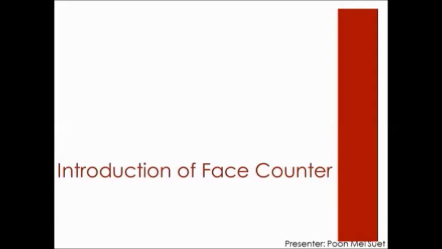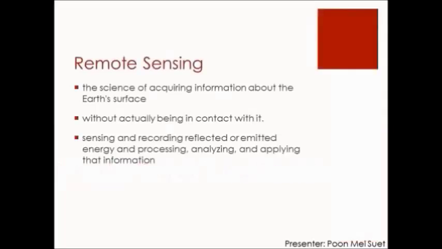In this part, I'm going to explain how face counter works. First, I have to introduce remote sensing, since face counter is a similar concept. Remote sensing is the science of acquiring information about the Earth's surface without actually being in contact with it. But how does remote sensing collect the information?